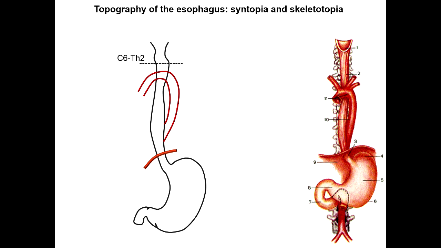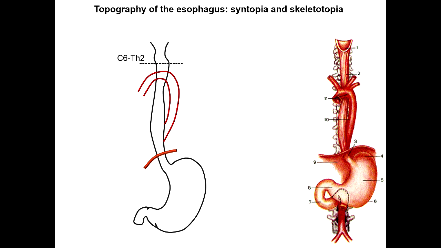The thoracic aorta has several parts in the thoracic cavity, so named arcus aorta. Here it is, and here it is. We have drawn it. Then aorta descendens. Here it is, aorta descendens.